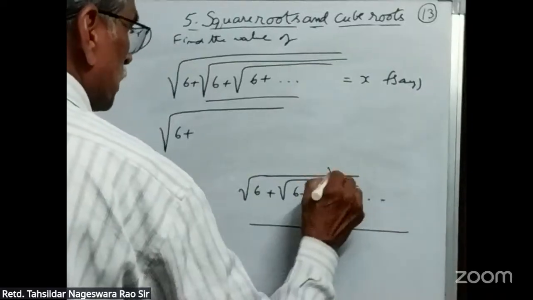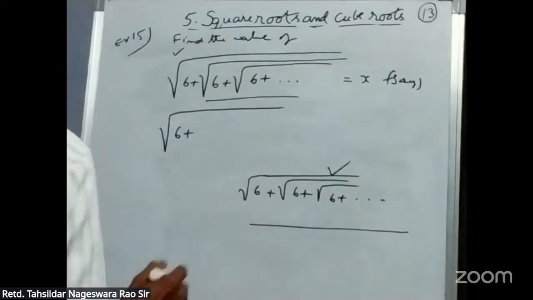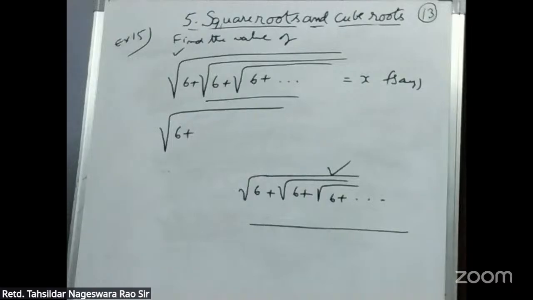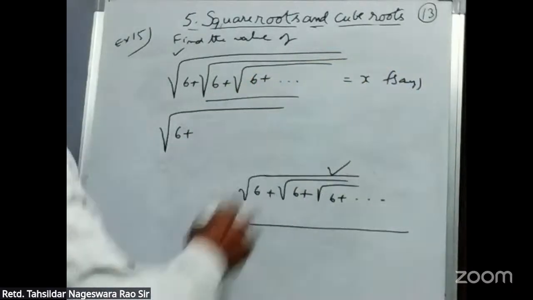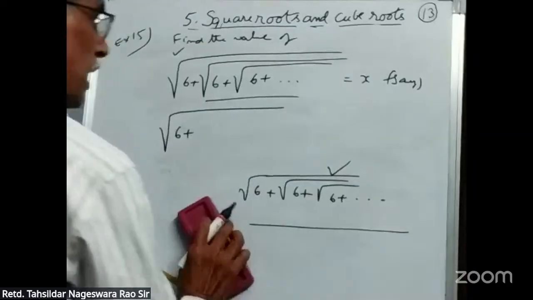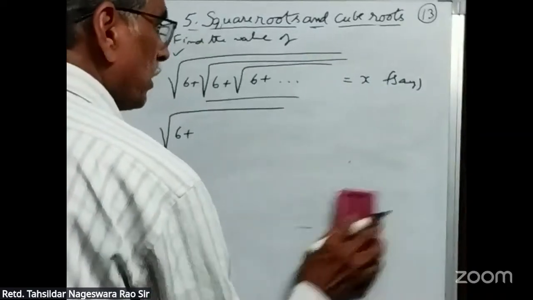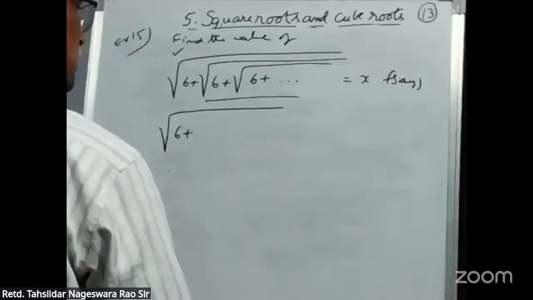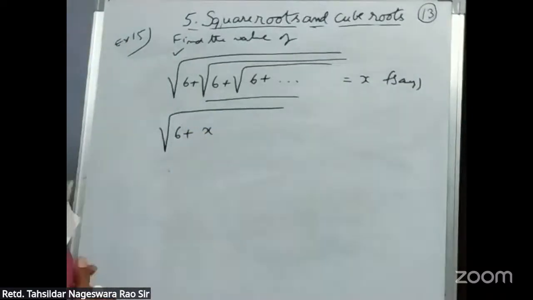There is similarity between this one and the given expression. Inside the square root, again the same number is repeated because this will continue. So inside also there is the same expression. So you take it as 6 plus x. That's all. For approximation's sake, you have to do like this. No other alternative. This is one way of simplifying.